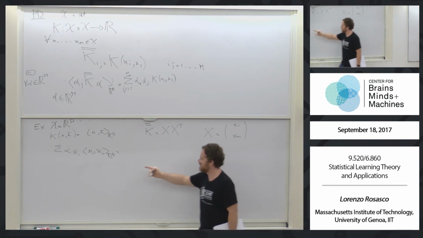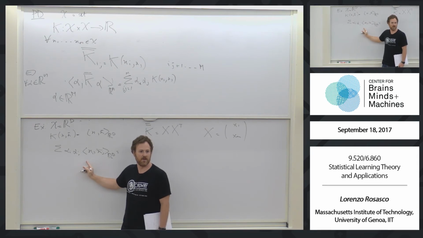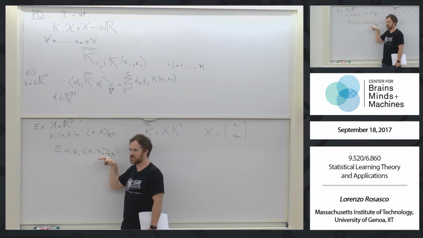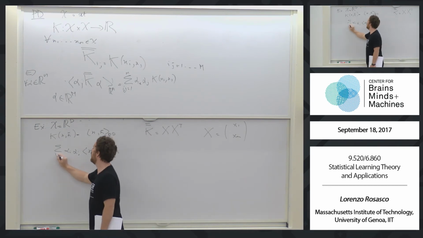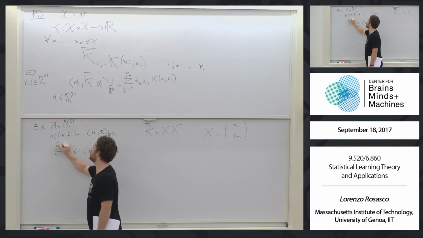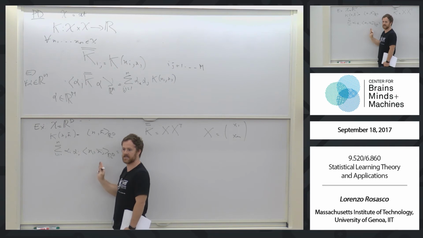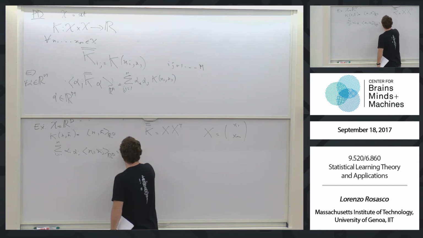Another equivalent way is to basically say, look, let's check that this is just a norm of a vector, okay? How do you do it? This is linear. Let's just push the sum inside, okay? So there is a sum over i, sum over j from 1 to m. Let's put the sum over i inside, and the sum over j inside. And what do I get? I get a vector times itself.